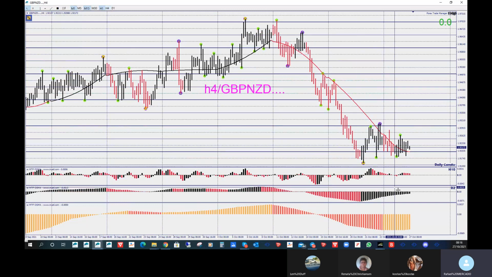So you see, we have the long-term bias to go short in Pound New Zealand. We have 3 retracement balls here, and we have H10 red. So that's a sign to go short.